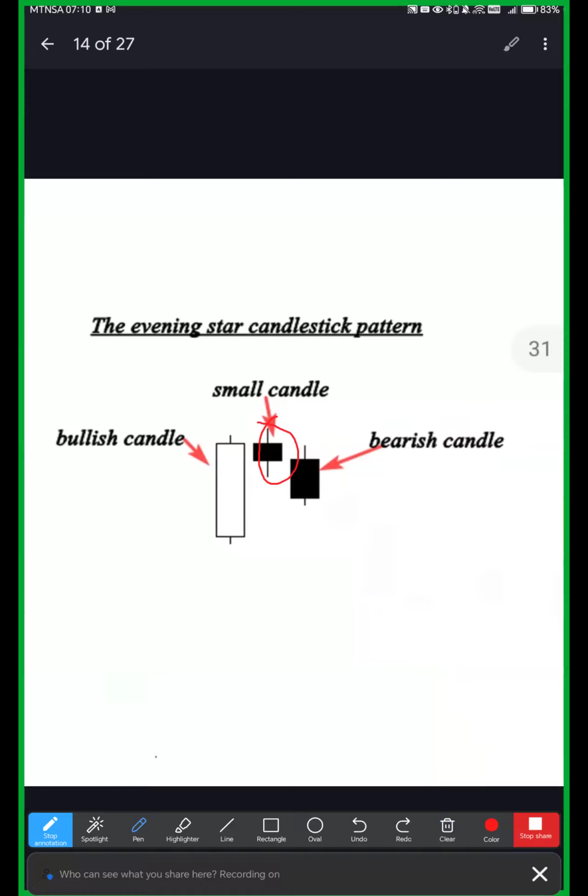So this indicates that buyers are failing to push the price further to the top. As a result, sellers find it as an opportunity to start selling so that they can make some profit.